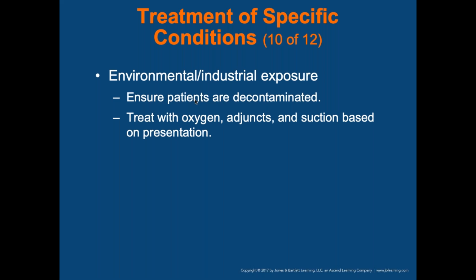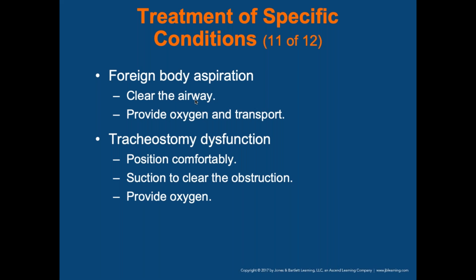And if we do have a contaminated patient, we need to advise the hospital early enough. So incident command needs to know this so the hospitals can set up their decontamination. There's a long process with that. Oxygen and suction, airway adjuncts as needed.